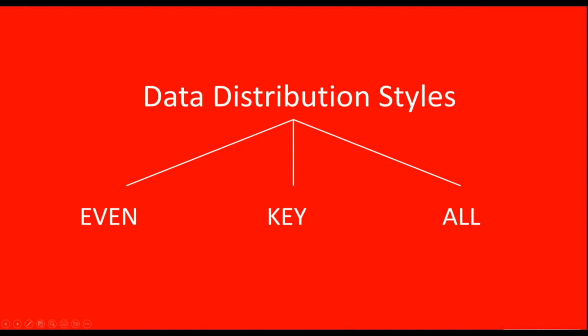In even distribution, the leader node spreads the data out evenly across all compute nodes. This is the default style. Key distribution spreads the data according to the value in a single column, and rows with the same value are stored on the same node. In the all distribution, every table is distributed to every compute node.